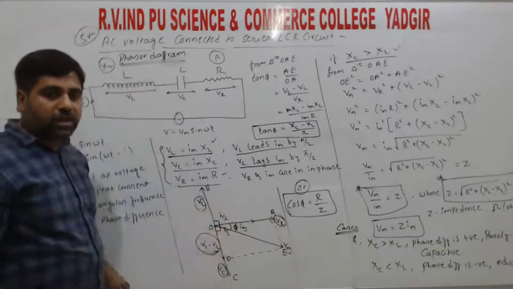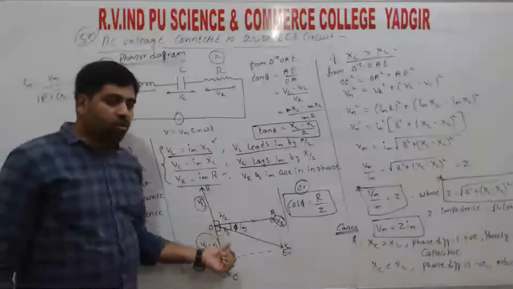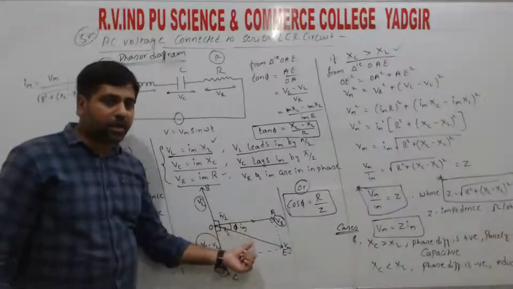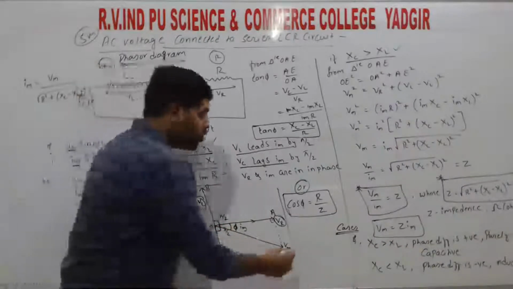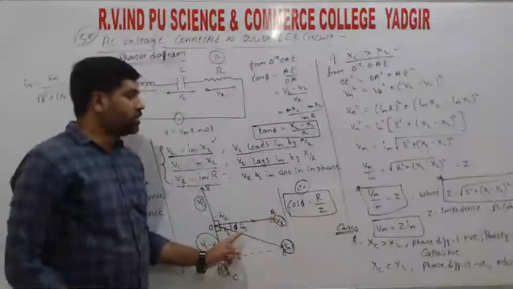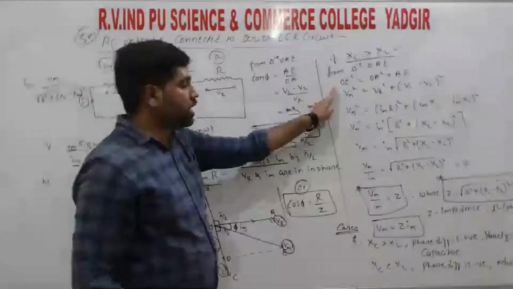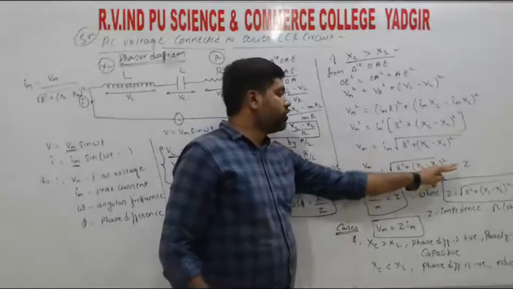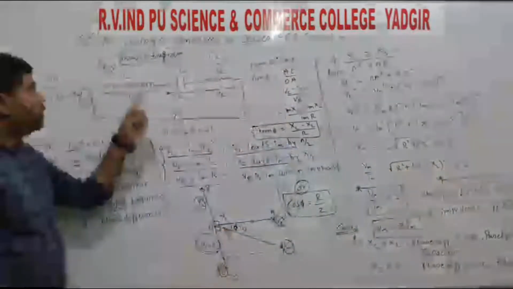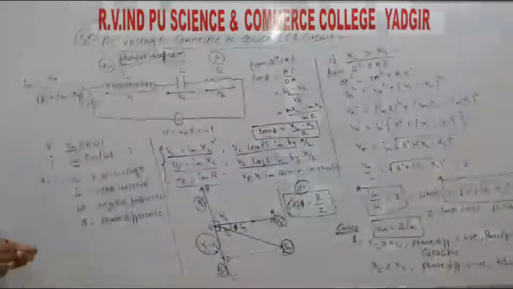So to find the resultant of two vectors, we need to draw the parallelogram. So here we get the rectangle. So the diagonal of the rectangle gives the resultant voltage. So that voltage is Vm, right? So by constructing the triangle by using Pythagoras theorem, Vm by Im is equal to Z, right? So this is by using phasor diagram, right?